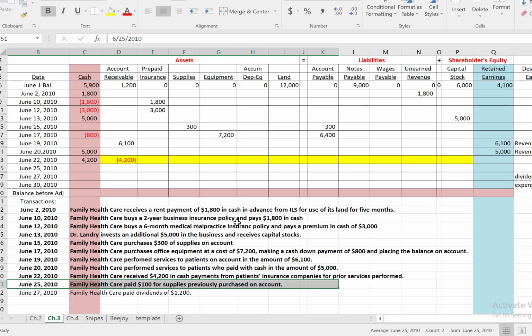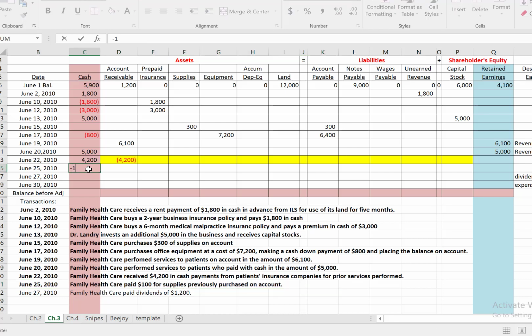We paid $100, which means a reduction in cash, and we are also reducing our accounts payable by $100. Why? This is related to the transaction where we bought supplies for $300. We're now paying $100 of those supplies. We're not buying new supplies, we're simply paying the bill that we owe.